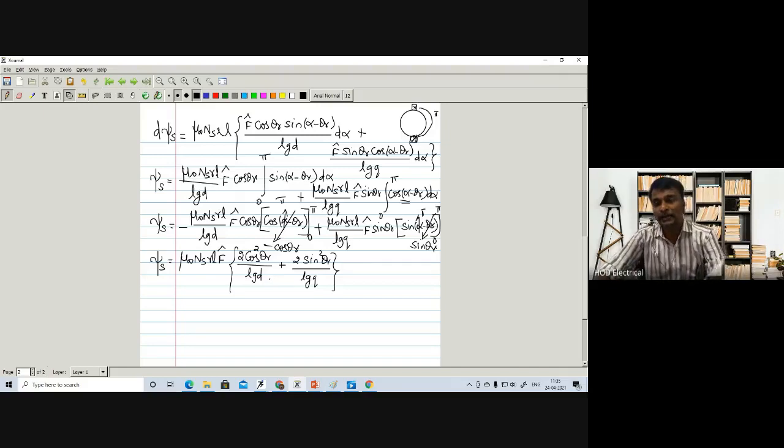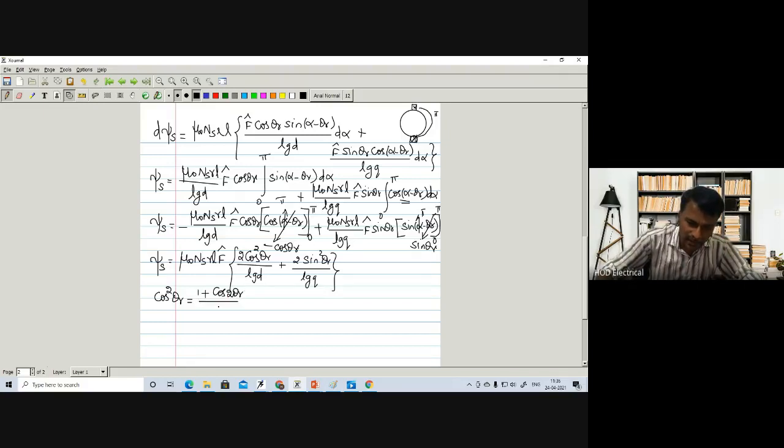Then we know cos square theta r is equal to 1 plus cos 2 theta r divided by 2, and sine square theta r is equal to 1 minus cos 2 theta r divided by 2.